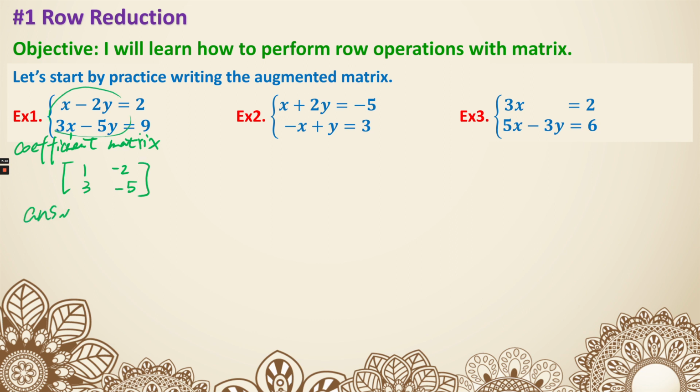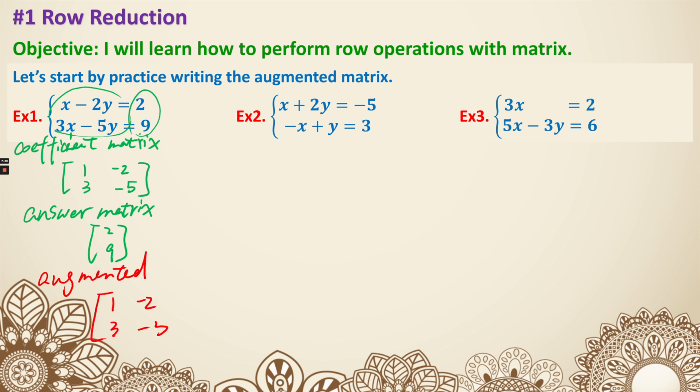As for the answer matrix, that of course would be the answer side. So 2, 9. Lastly, which is the augmented matrix, that's the one we are going to be using. We just join these two, so 1, -2, 3, -5. We're going to draw a line to tell ourselves, hey, everything to the left, they're coefficients, and everything to the right, they are our answers.